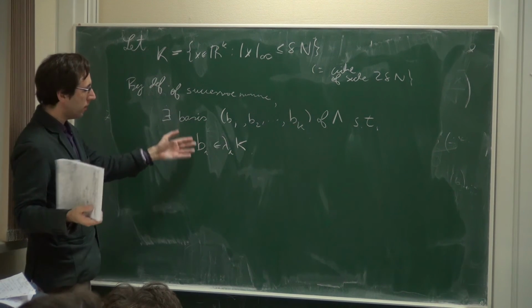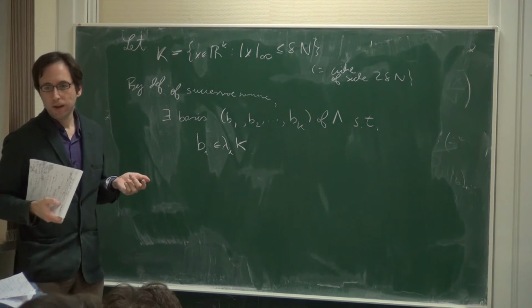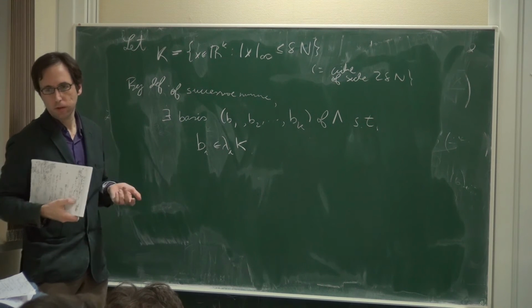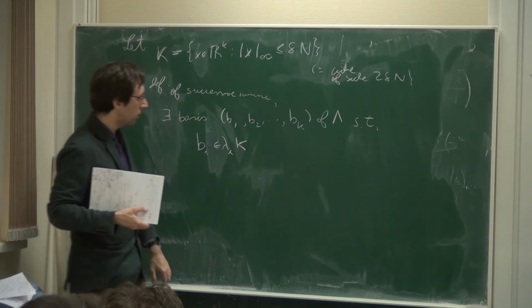Well, in fact, it's just from the definition, you get k linearly independent vectors, and then it's fairly easy to get them into bases. That's a good question.